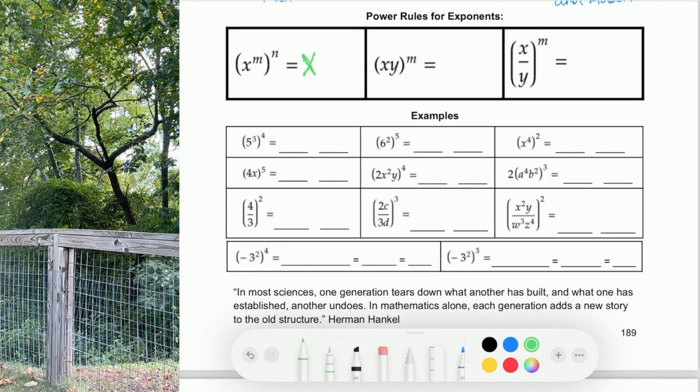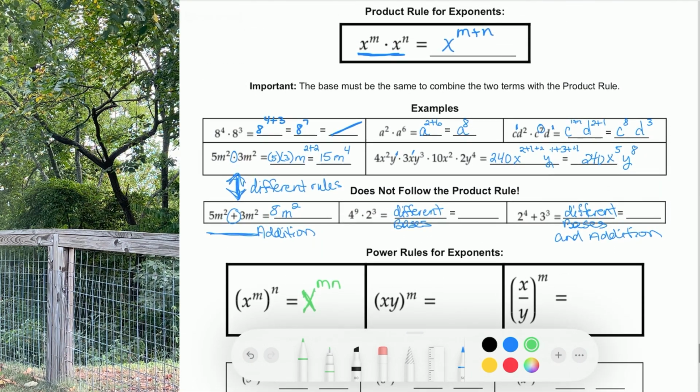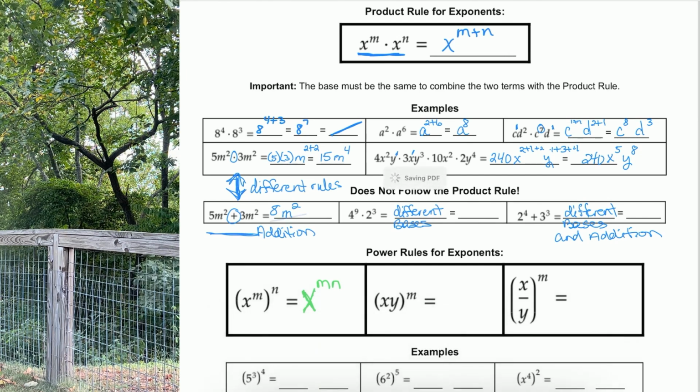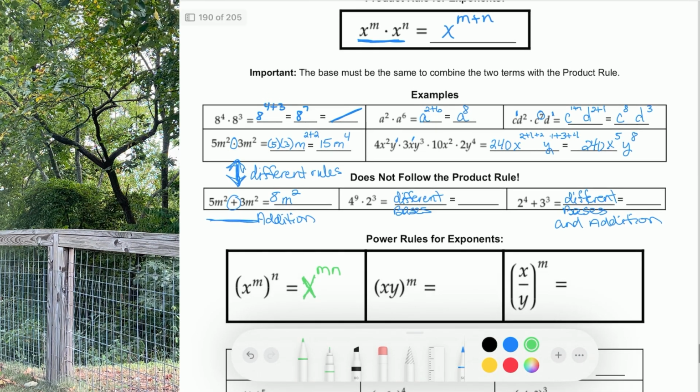You're going to have the same base, but your exponents, you're actually going to multiply them like this. So the previous rule, when you're multiplying your bases, you add your exponents. When you have an exponent raised to an exponent, you're going to multiply your exponent. That's the difference.